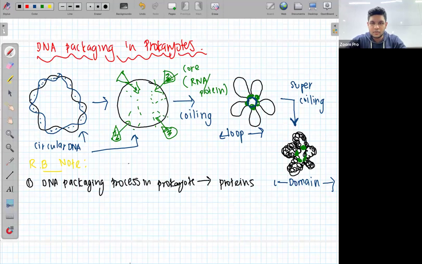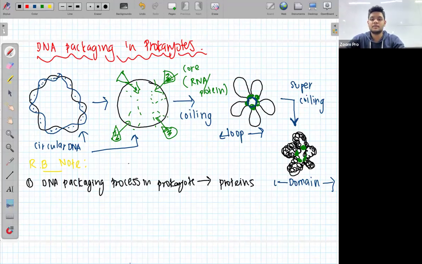Can you understand what are those proteins? There are multiple proteins. They have allocated only this portion of knowledge for your syllabus. There might be some other proteins too, but for your knowledge, this is what will be tested. So we can say it might be core. Core is a protein complex which helps the DNA packaging process.